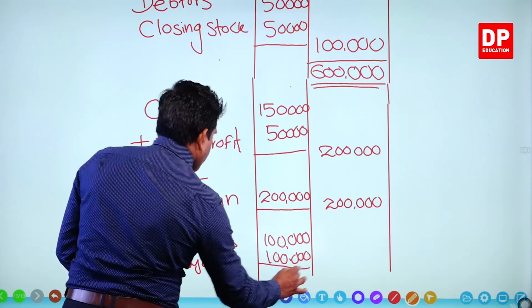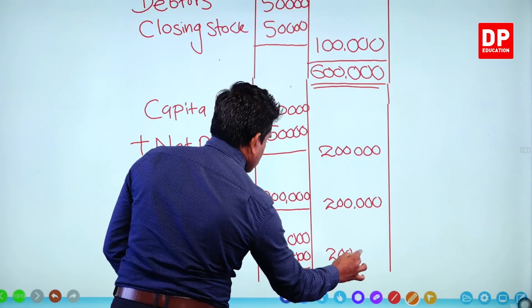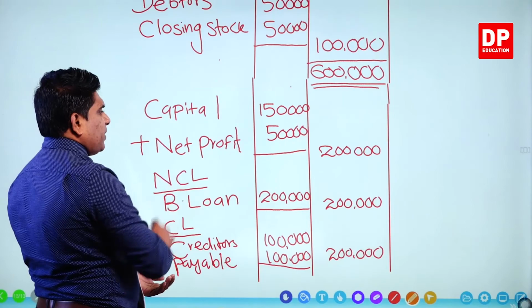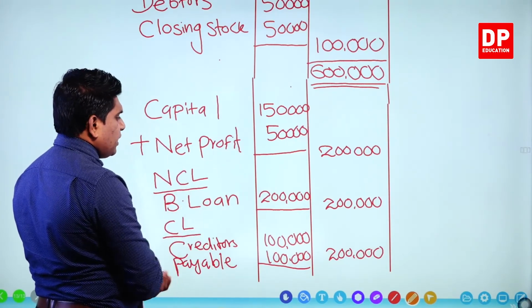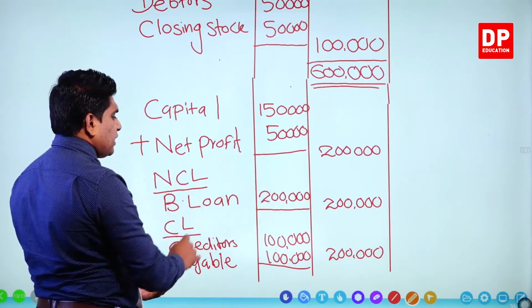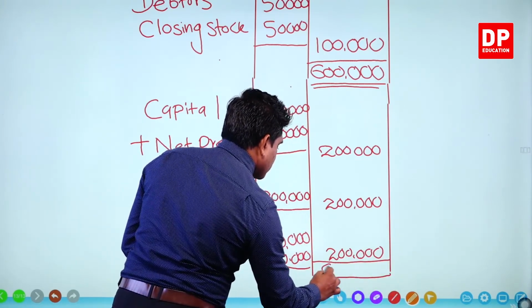Then this value also we bring to the second column. Here how much? 200,000. Now 200,000 capital plus net profit. Non-current liabilities 200,000. Current liabilities 200,000. How much the value now? 600,000.